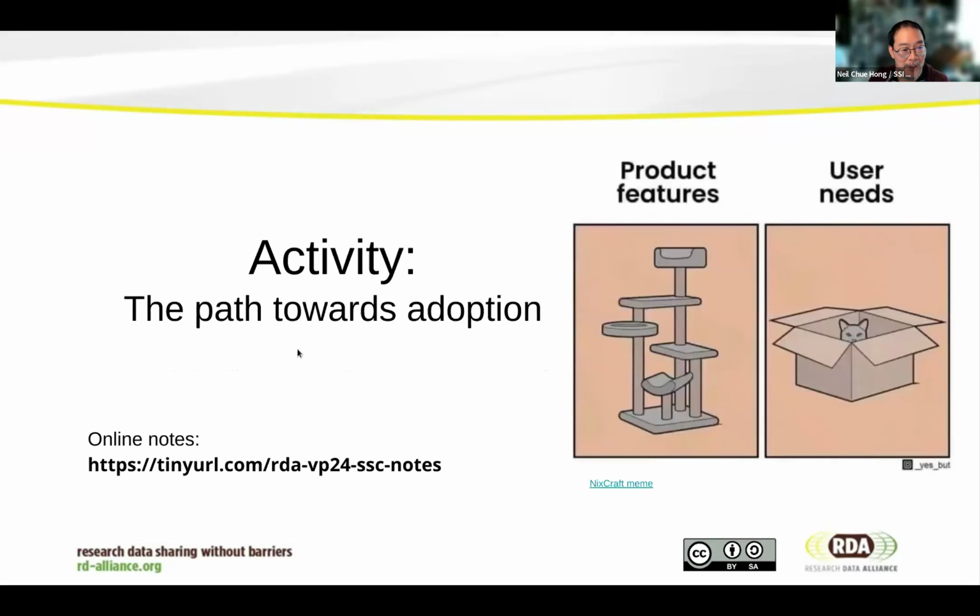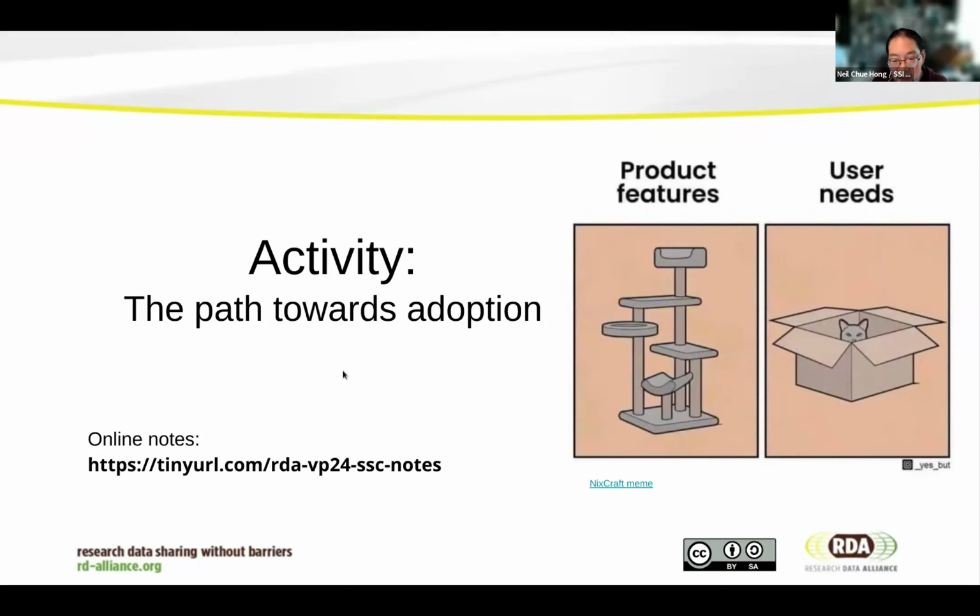It is an important thing to remember that you should focus on what the user needs, even as you're developing the other product features, because it's an easy way of getting from what the user needs and what the user wants to what you might be able to provide to them that they'll get excited about next. So yeah, let's see if we can get to a cat tree with FAIR.